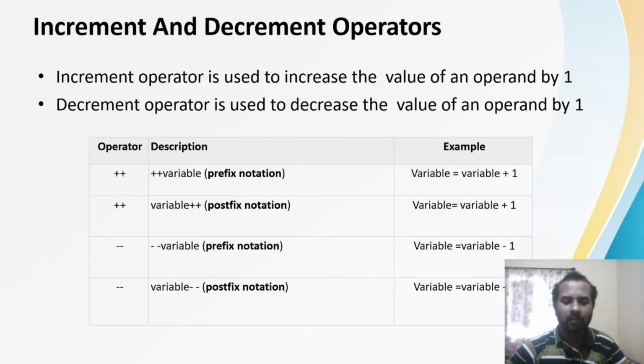In prefix, the incrementation is done before the execution of the particular statement. But in postfix, the incrementation or decrementation of the variable is done after the execution of the particular statement. We will understand that more in the program.